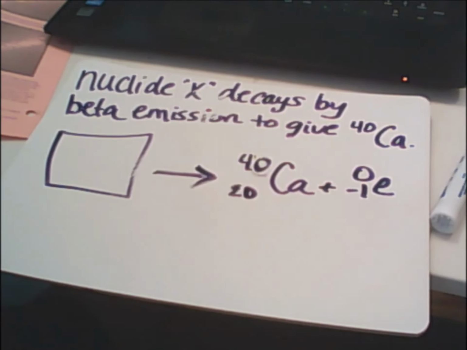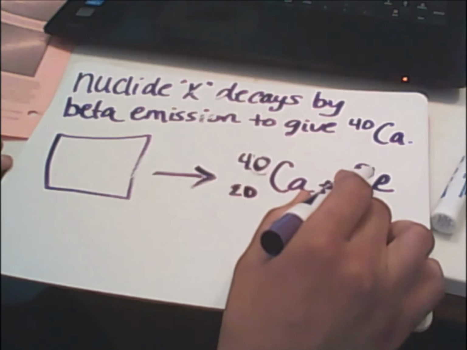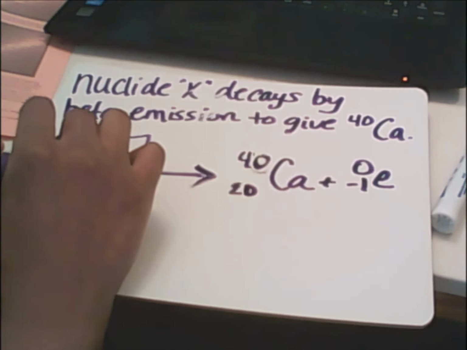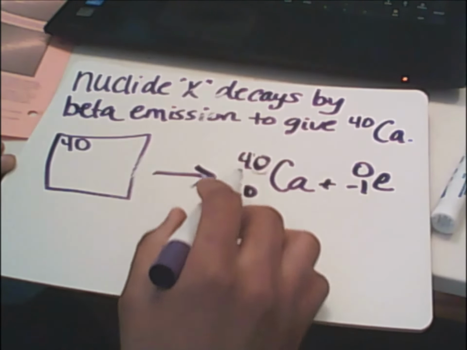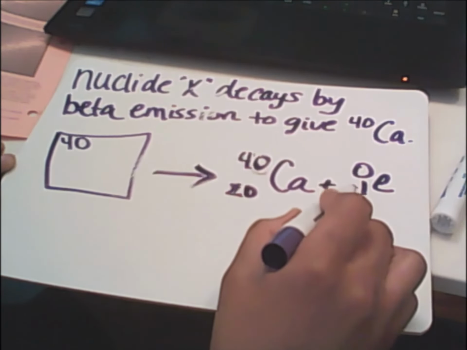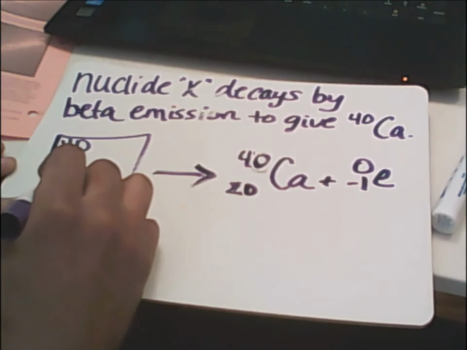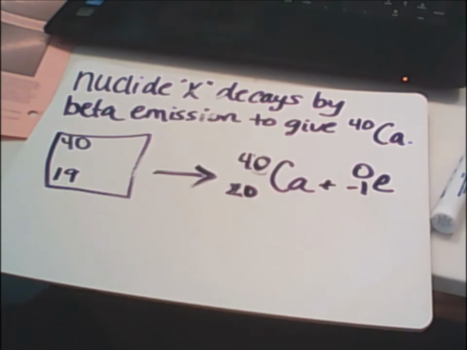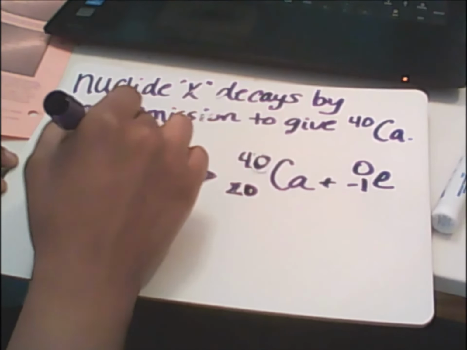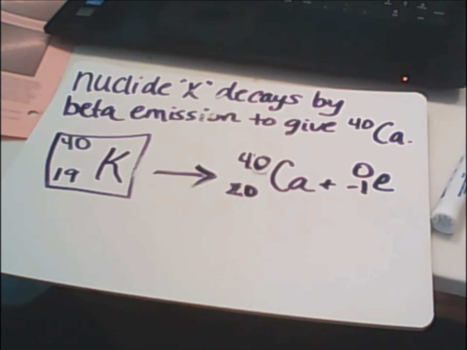So I'm going to do like we did before. 40 plus 0 is 40. But on the bottom, I have 20 minus 1 to give me 19. Atomic number 19 is K, potassium. And by the way, you get potassium from bananas. That's just a little side chemistry note.